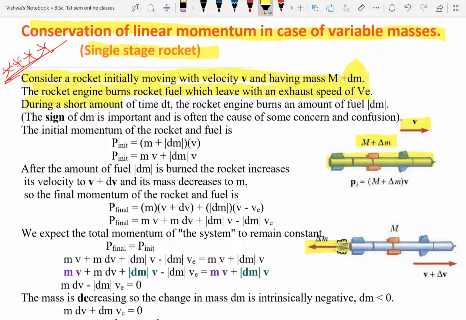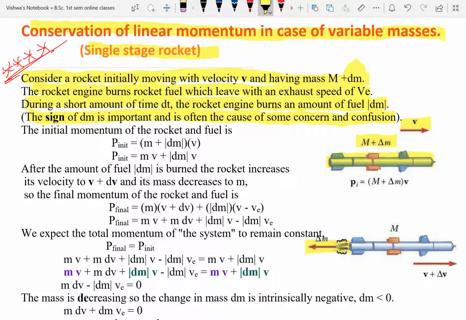During a short amount of time dt, the rocket engine burns an amount of fuel dm. So dm amount of fuel is burned out in time interval dt. In the remaining steps we are going to consider the sign of dm, which is important because of some confusion.